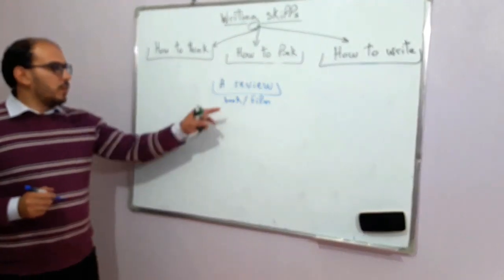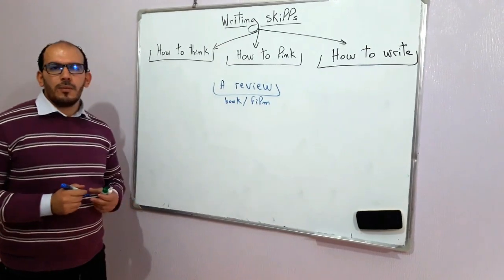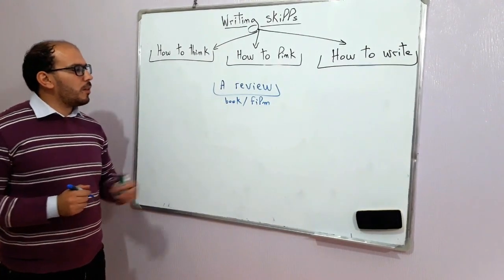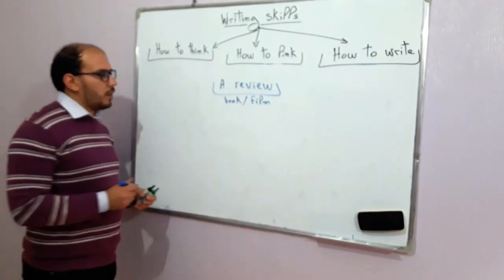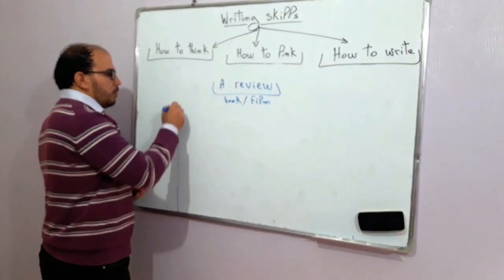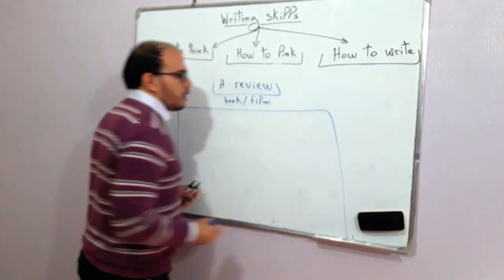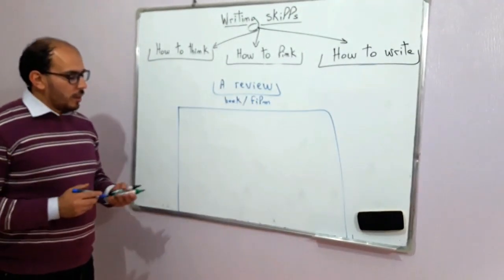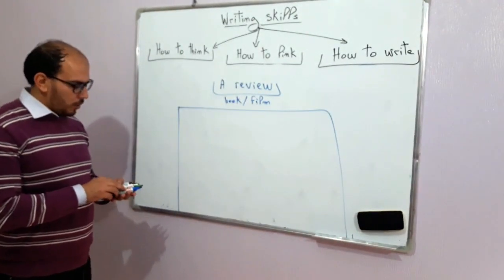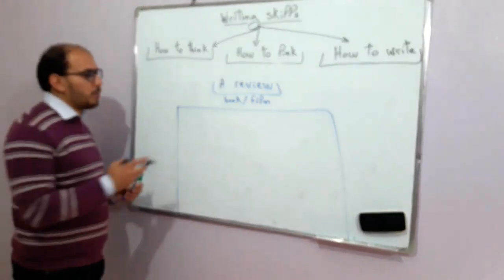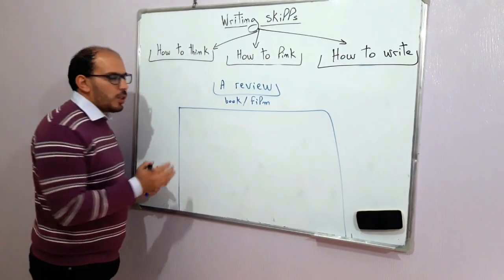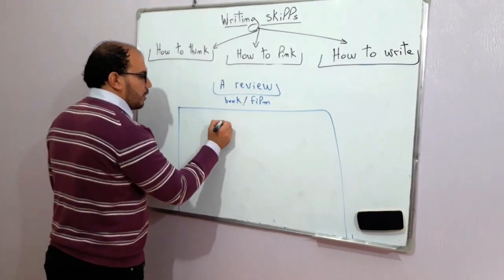So we have two kinds of writing a review. It can be a book review or a film review. For both of them, let's try to put it in one form of writing. So the first thing, when I want to speak about a book review or a film review, when I finish my writing, it must look like this.